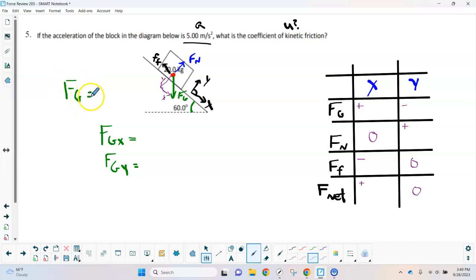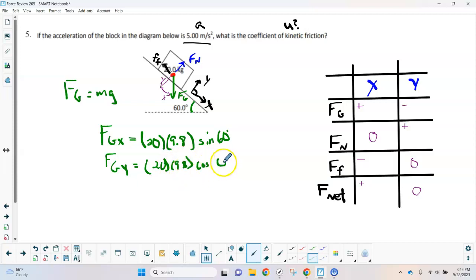So first off, force of gravity again, just mg. I'm just going to write out the values here. It's going to be 20, which was the mass of this thing. Gravity is 9.8. So that's m and g. And then we're going to have our trig function. Because it's the incline, x goes with sine. So this would be sine of 60 degrees. And then for the y, it'd be 20 times 9.8 times the cosine of 60 degrees.